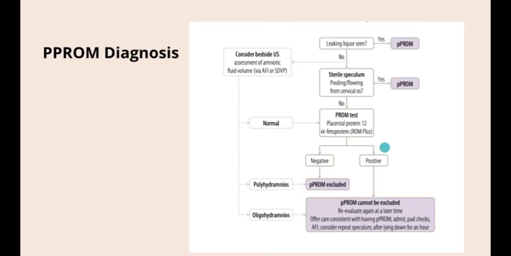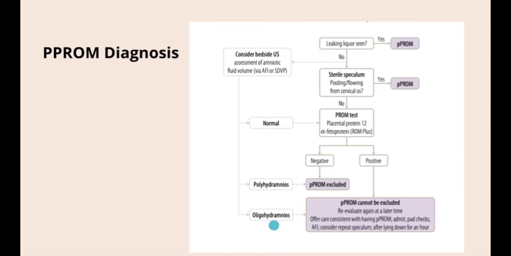You can use RUM+, which is the PROM test, which looks for alpha fetoprotein, and you can also see if the patient, because you did an amniotic fluid index, if they have a lot of amniotic fluid, that would make it unlikely for it to be PPROM because none of it has been lost through the membranes. So that can help exclude it if everything else is also negative.